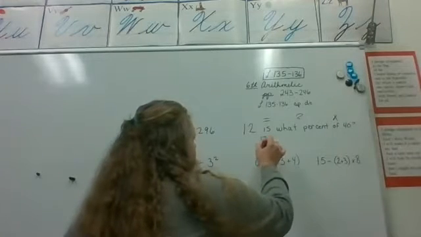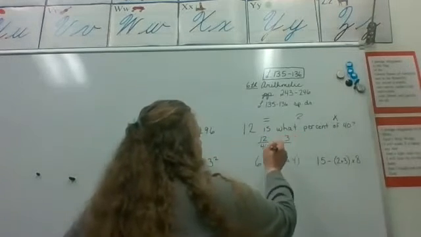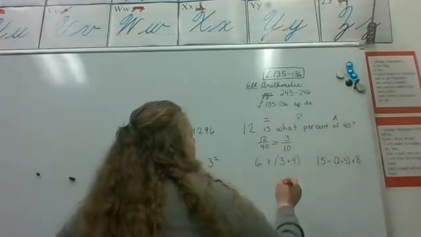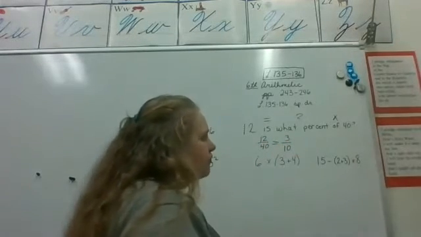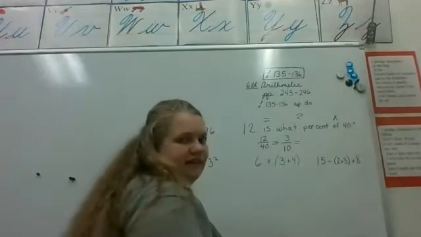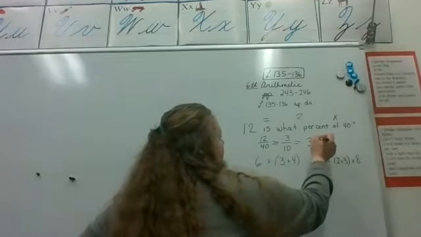So 12 divided by 4 is 3. 40 divided by 4 is 10, okay? Now we have 3/10, and what percent is 3/10? That should be easy, but if it's not, it's 30%.